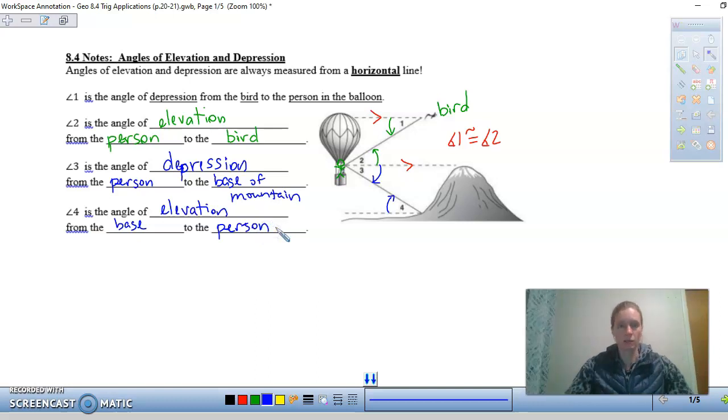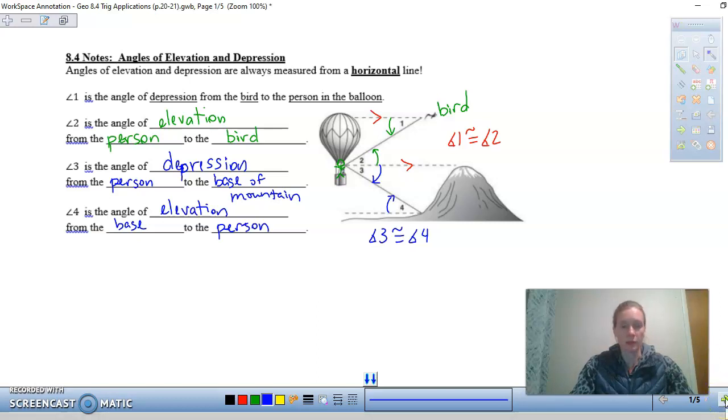So those are the basics. Again, angle 3 would be congruent to angle 4. You could write that as well because the horizontals are parallel and you have alternate interior angles.